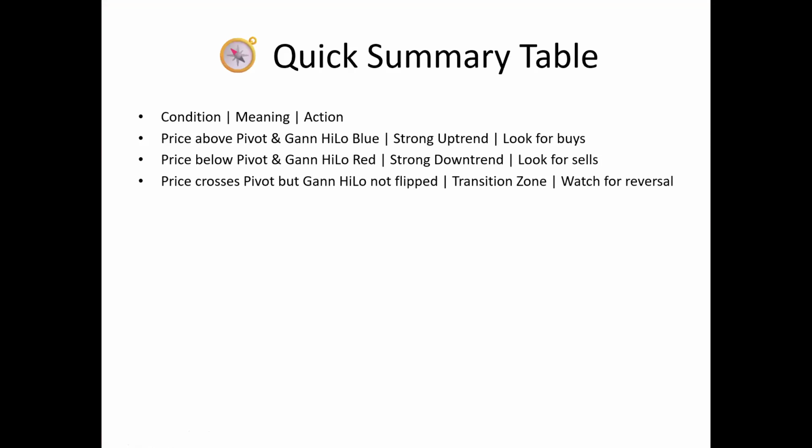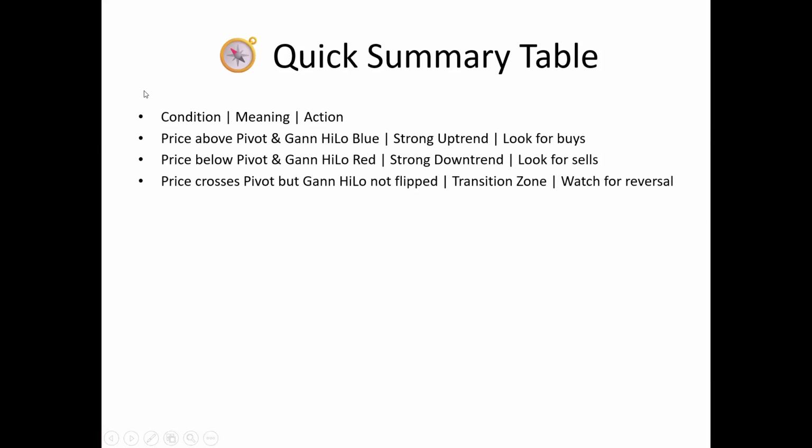So, condition, meaning, and action. This should be your mantra. Price above pivot and Gann Hilo blue, strong uptrend, look for buys. Price below pivot, Gann Hilo red, strong downtrend, look for sells. Price crosses pivot but Gann Hilo not flipped, transition zone. Watch for reversal.